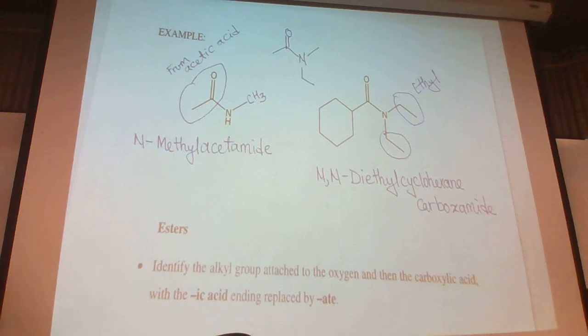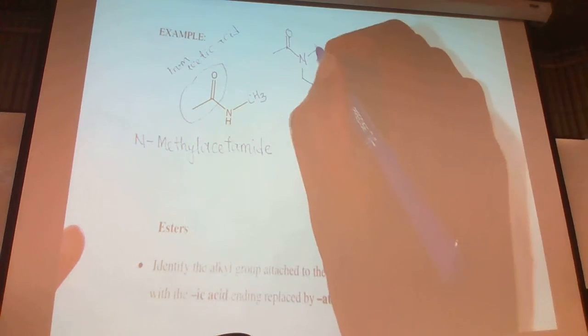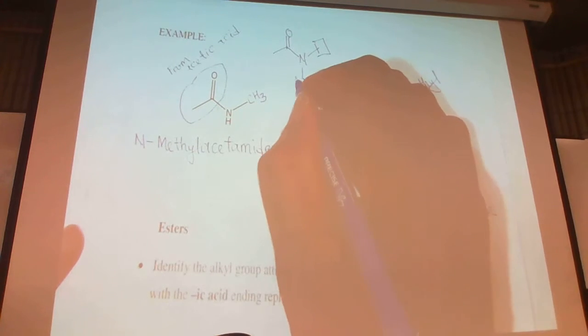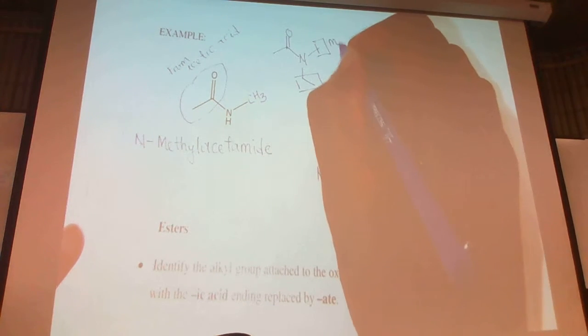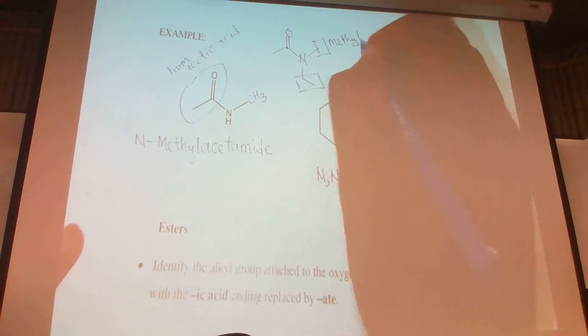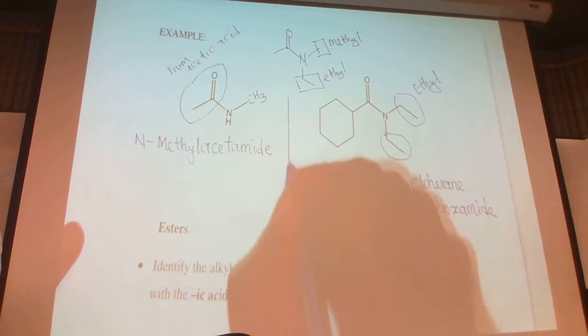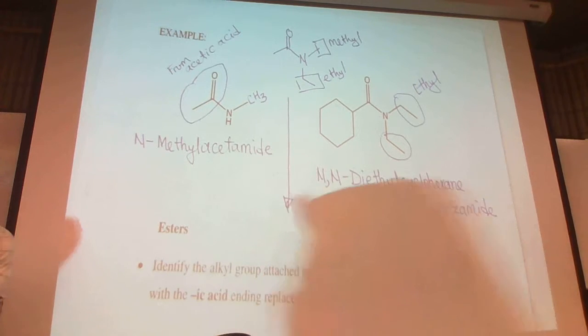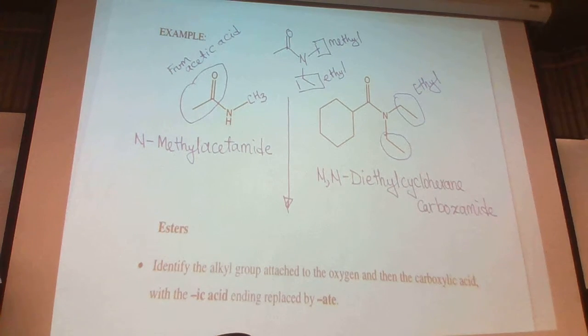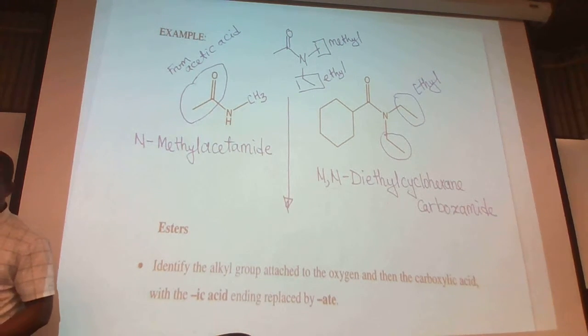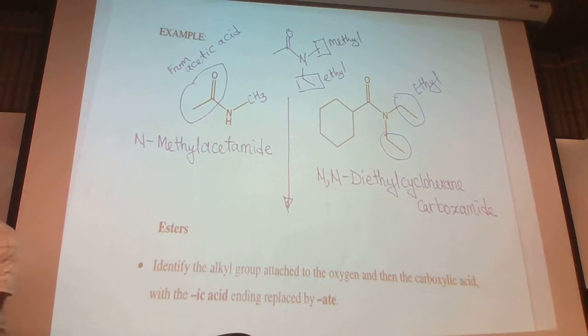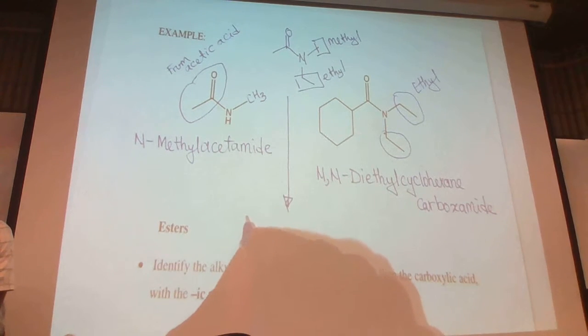So to name that, you're going to identify each substituent that you have there. I'm going to write the name down up here. You list them in alphabetical order. E comes before M.